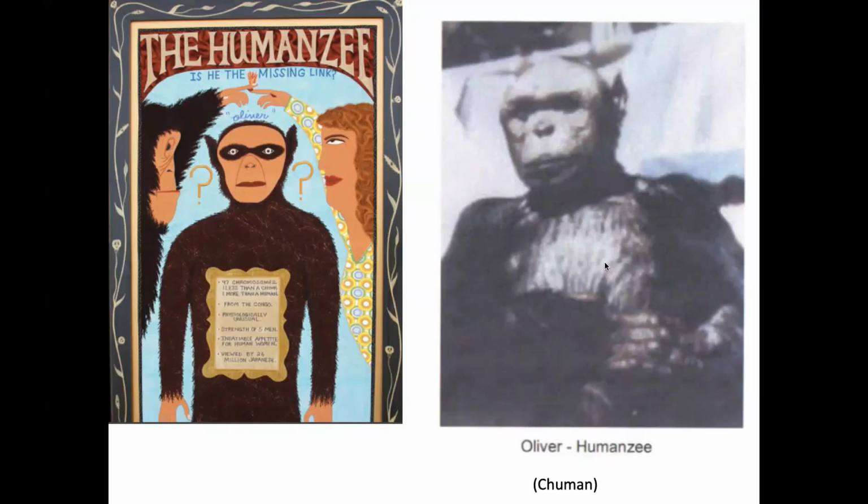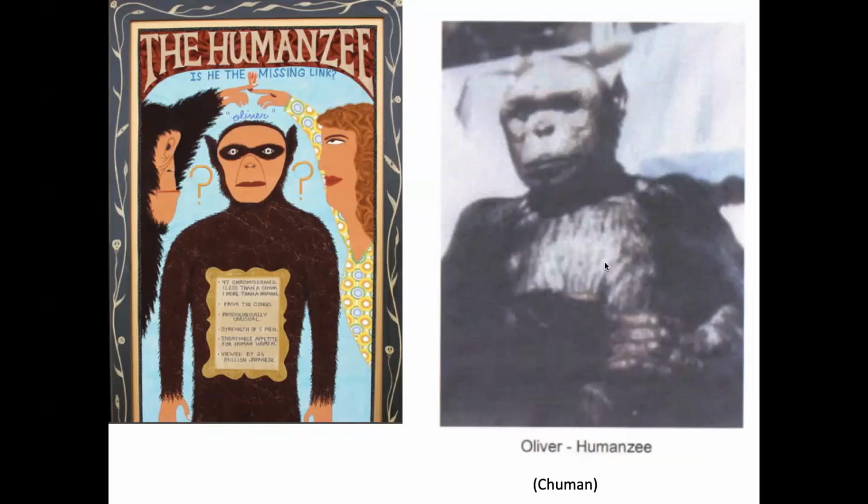So again, it's just normal variation that exists within populations in terms of the various characteristics that I described. Oliver was just one of the outliers in terms of being different from the rest of the chimpanzee population. I have humanzee written down there on the slide.